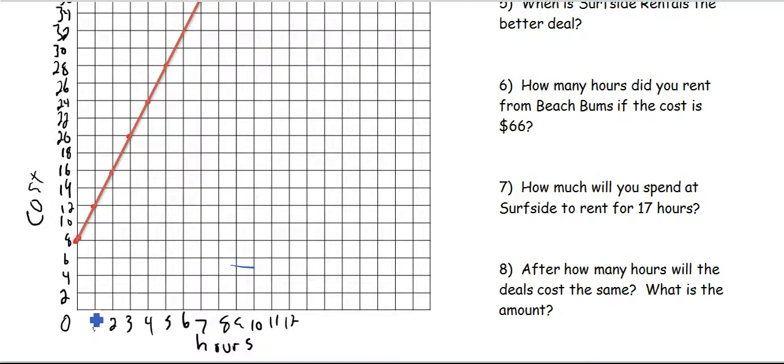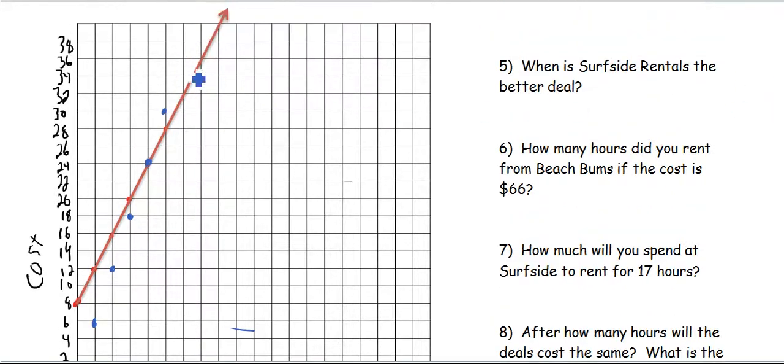For them, at 0 hours it's 0. 1 hour it's 6. 2 hours it's 12. 3 hours it's 18. 4 hours it's 24. And 30. Let's see, we can go up another one.